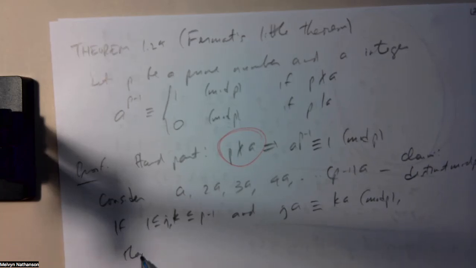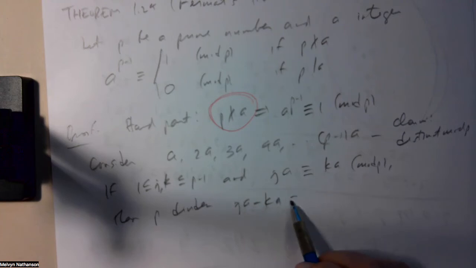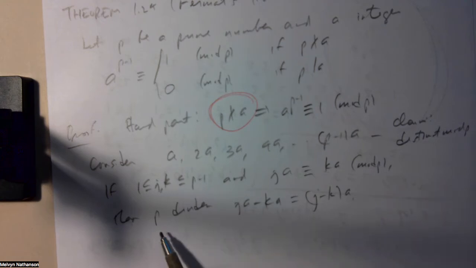Then P divides the difference of these two numbers. That's what congruence means. So P divides JA minus KA, which, if you factor out the A, is J minus K times A. So P divides this product of two numbers.